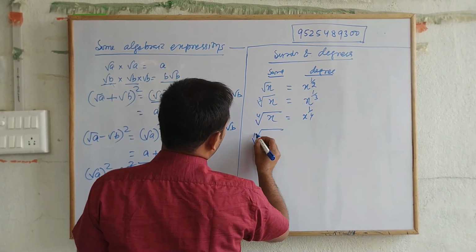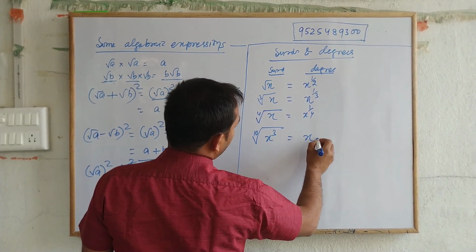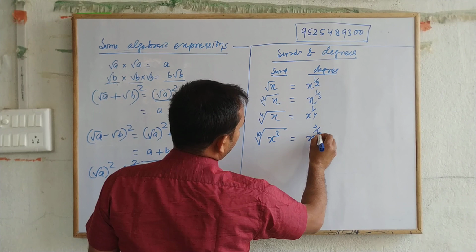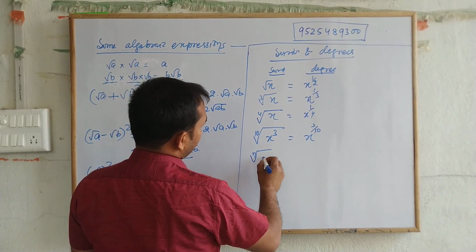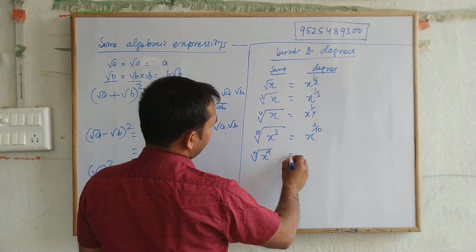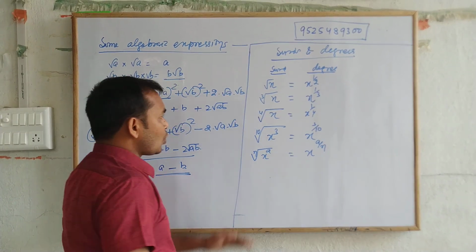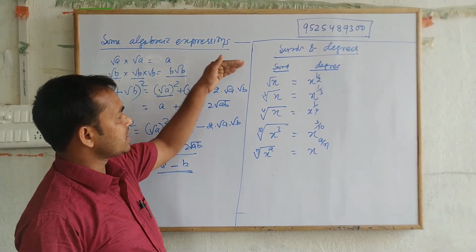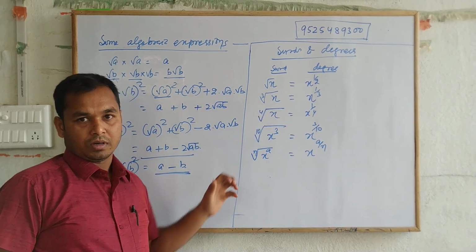If it is 10th root of x to the power 3, then x to the power 3 by 10. And so x to the power a by n. In this form, the surd and degree rules are followed by us.